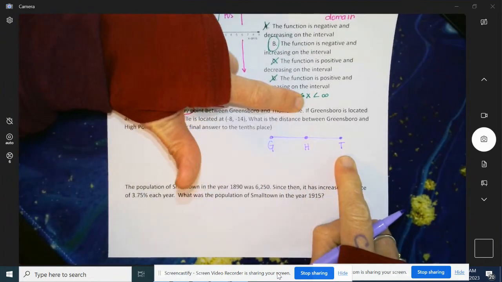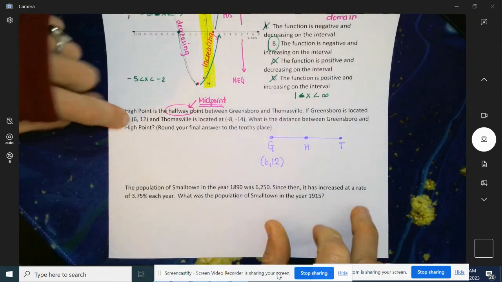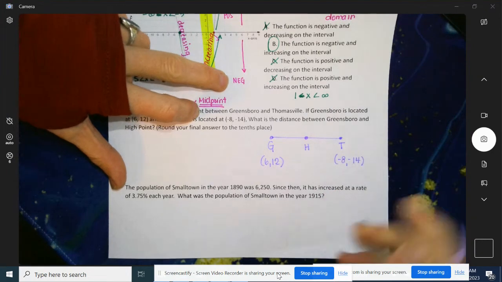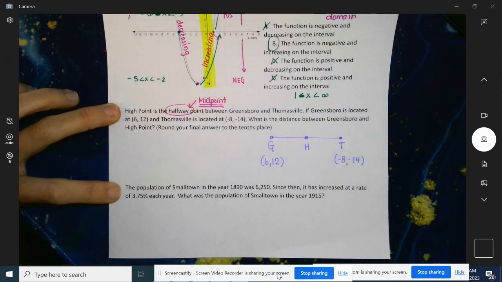That's our first sentence. If Greensboro is located at (6, 12) and Thomasville is located at (-8, -14), what is the distance between Greensboro and High Point?